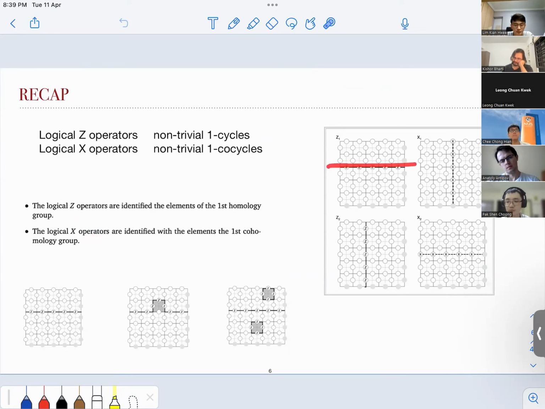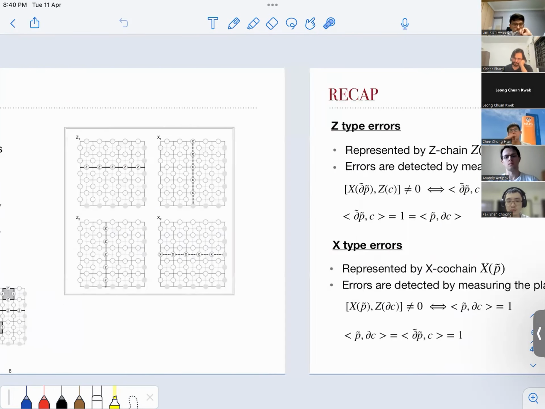So these are Z, and then this is X1 and X2 operators. Any logical operator you can multiply with a boundary term, which is nothing but a stabilizer, and it still remains a logical operator.